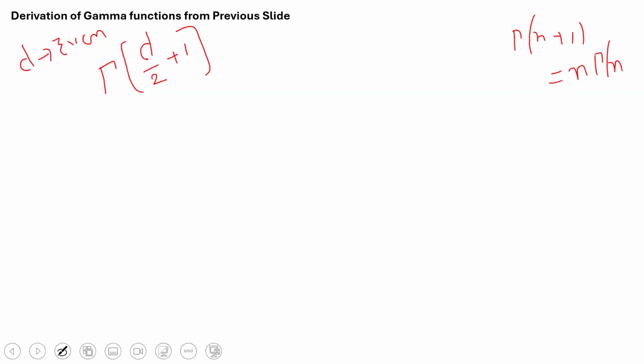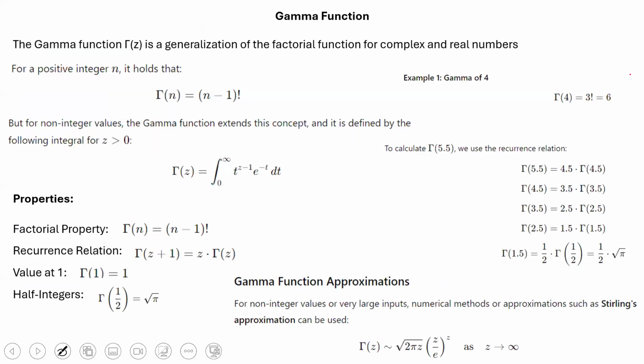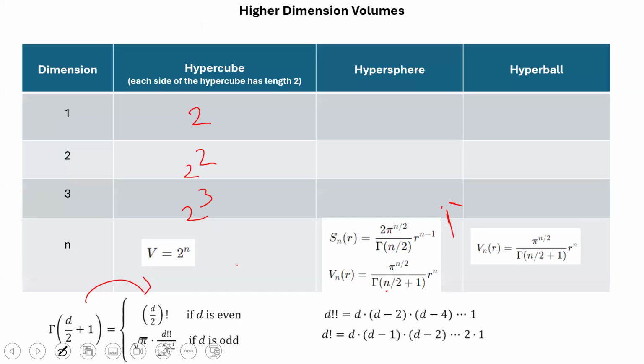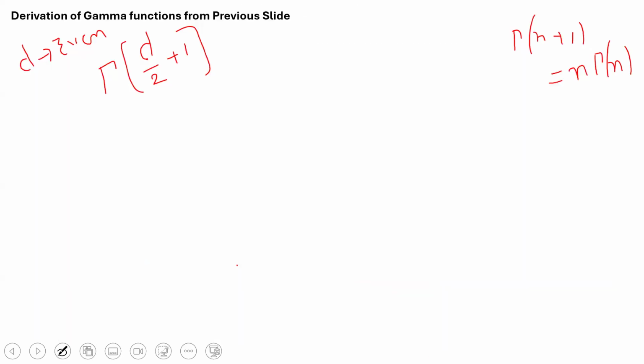We know this formula from this screenshot, gamma of z plus 1 is z into gamma of z. The same applies: gamma of n plus 1 is n into gamma of n. So this becomes d by 2 into gamma of d by 2. So when d is even, what does this become?